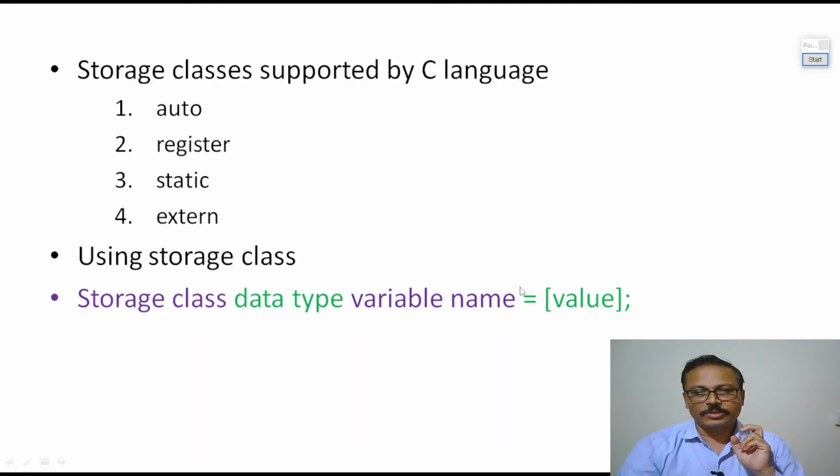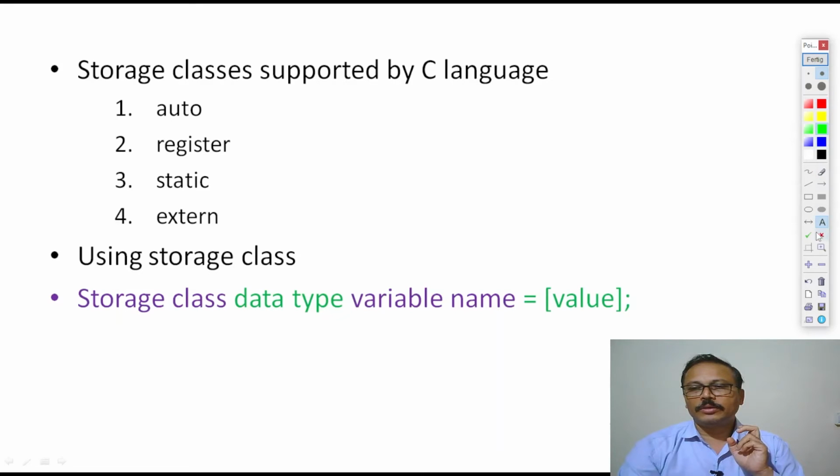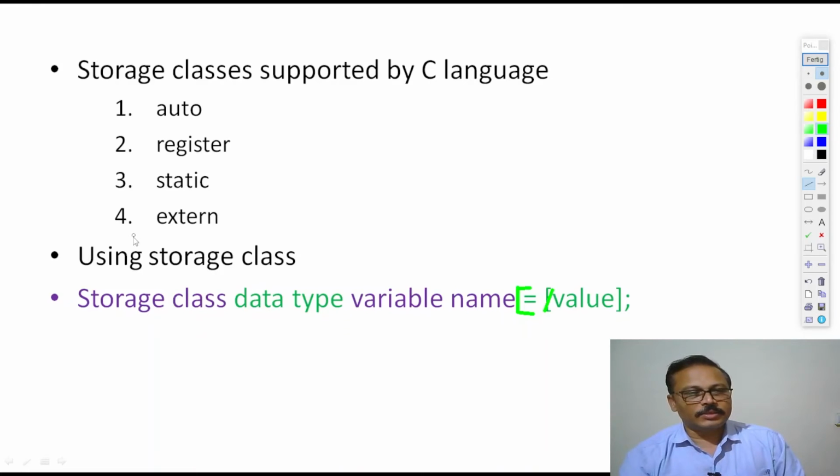Actually the square bracket should be here, because if you don't want to initialize, this is not required. So it should be here, not here. So the data type is preceded by the storage class. You can replace the storage class with any of these: auto, register, static, extern. So four storage classes are supported by the C language.